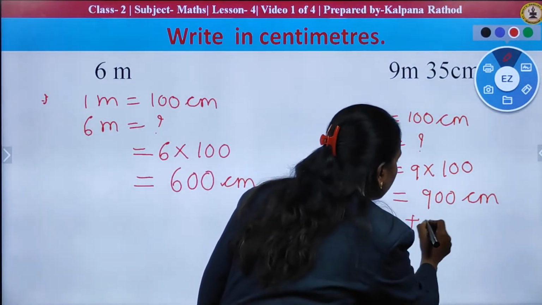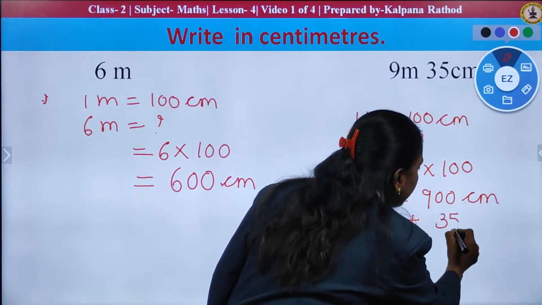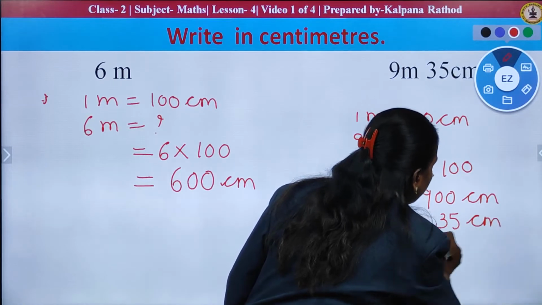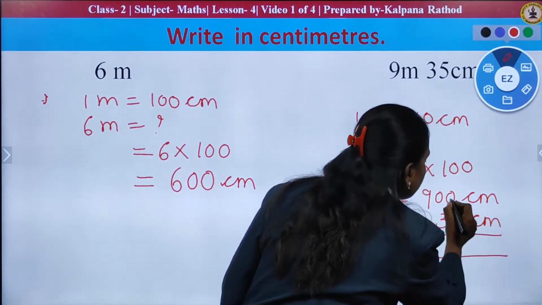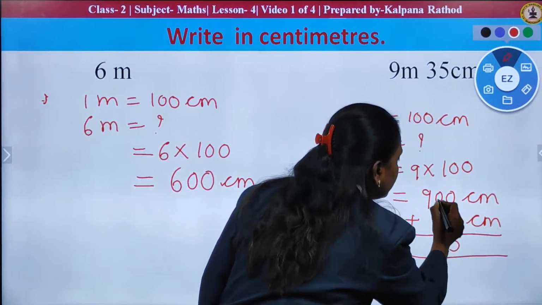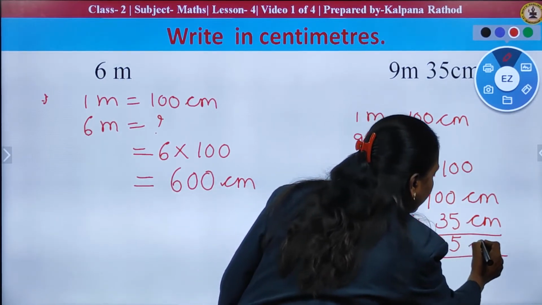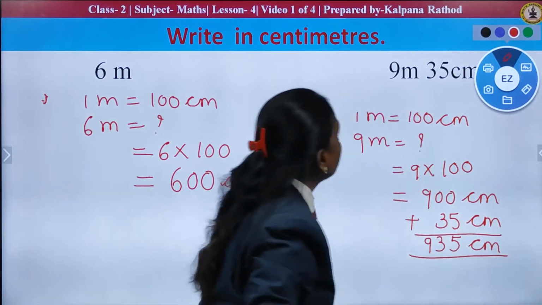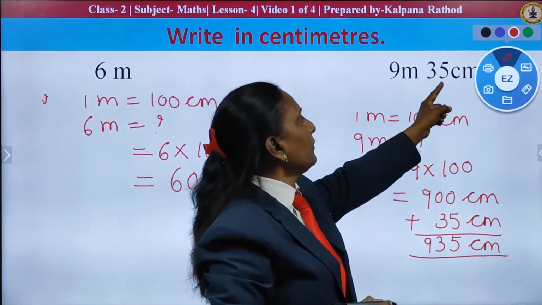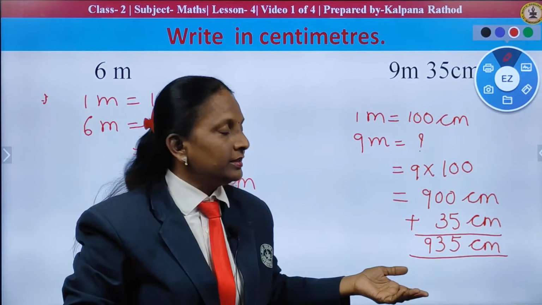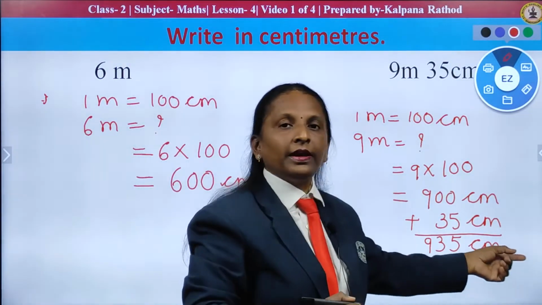So 900 plus 35 centimeter: 0 plus 5 is 5, 0 plus 3 is 3, and this 9 will come again. So 935. So 9 meter 35 centimeter converted into centimeter is 935 centimeter.